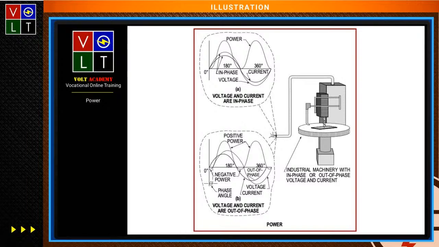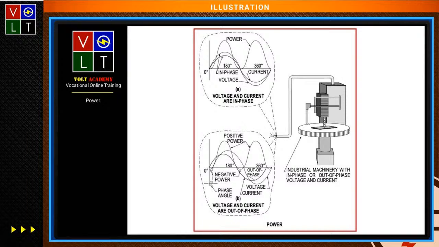That's right. Now, as you look at that illustration, we're going to show you the voltage and currents that are in phase and out of phase with each other. I also will note that the cosine of an angle is the ratio of the side of the right triangle adjacent to the angle to the hypotenuse of the triangle.